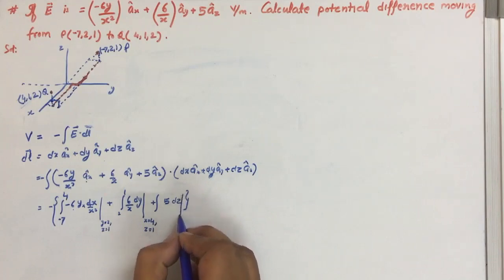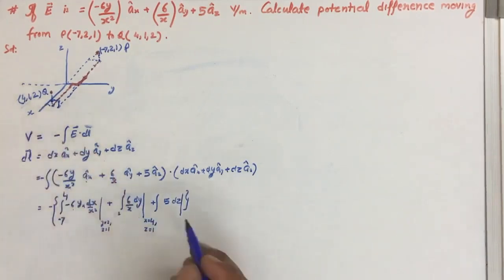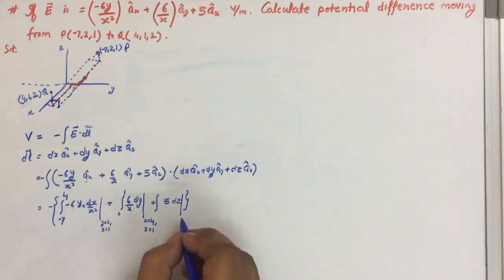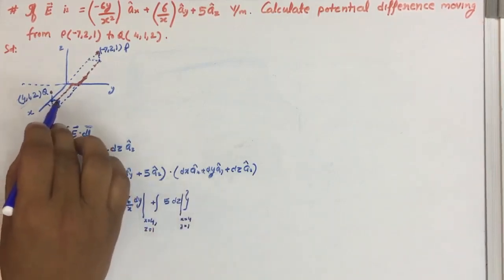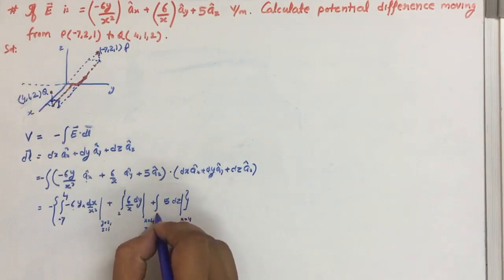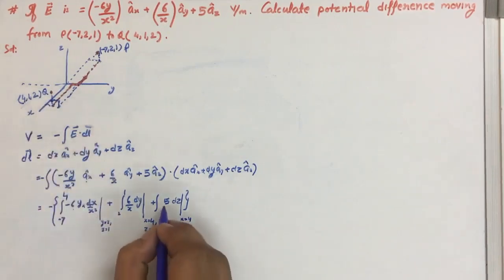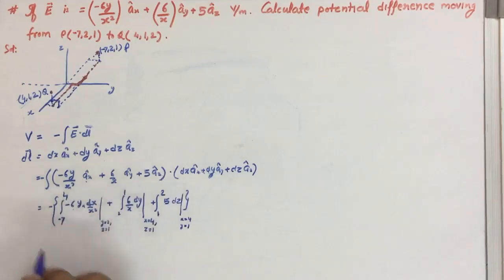So to move in the z direction, x and y remain the same, and x at this point is 4, and y is 1, because at the previous point y was 2, at this point y is 1. And z is varying from 1 to 2. Hope it is clear to you all.